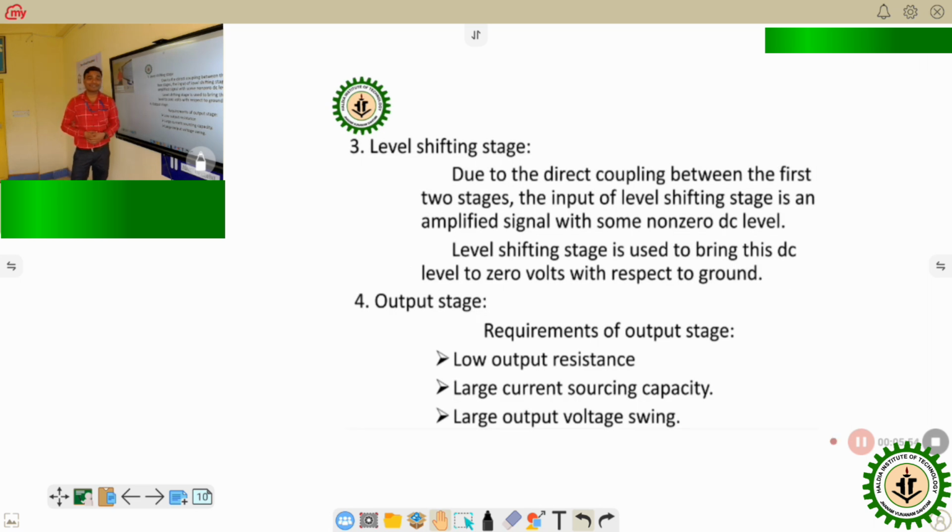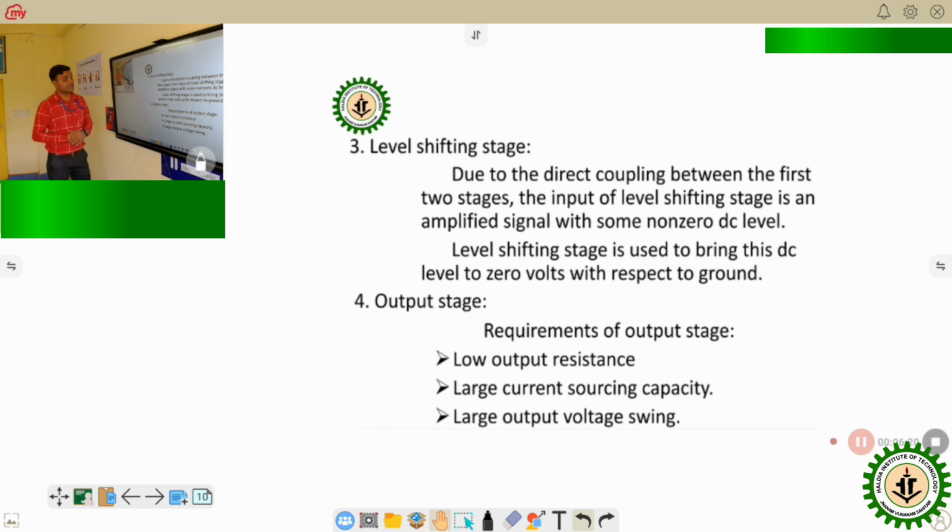Then the third stage is the level shifting stage. Due to the direct coupling between the first two stages, the input of the level shifting stage is an amplified signal with some non-zero DC level. The level shifting stage is used to bring the DC level to zero voltage with respect to the ground.